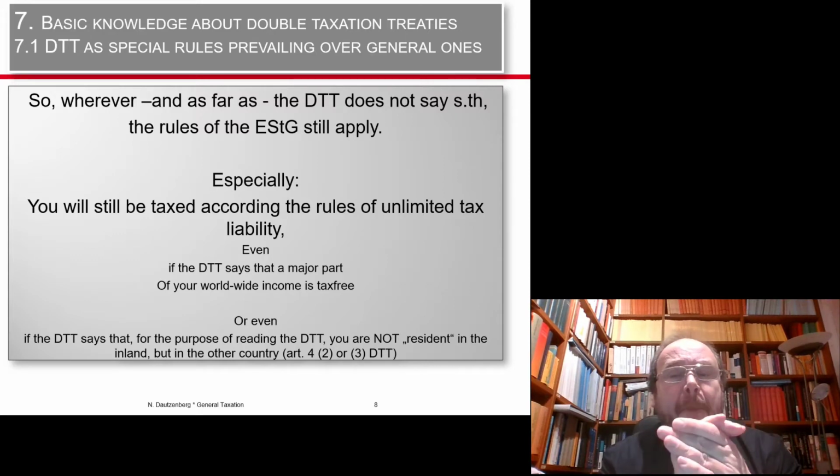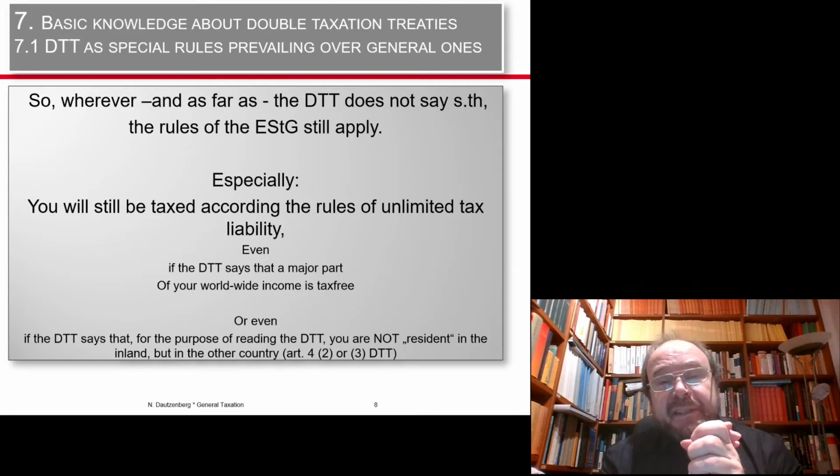Now let's look for the tax rate with an unlimited tax liability taxpayer. We have to compute the tax rate according to that person's worldwide income. Well, I hear from my colleagues in France, your total worldwide income is 5 million. So we end up with a rather high tax rate.